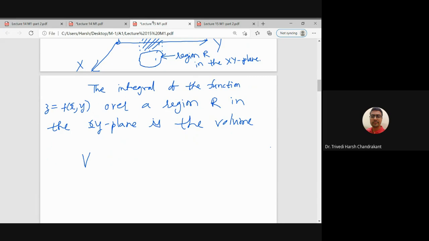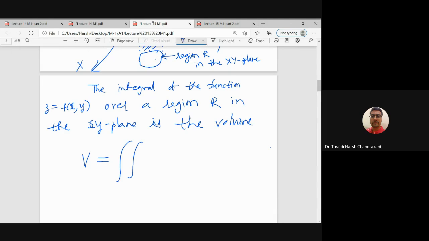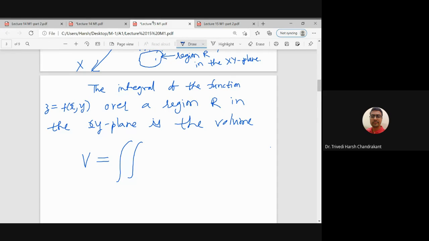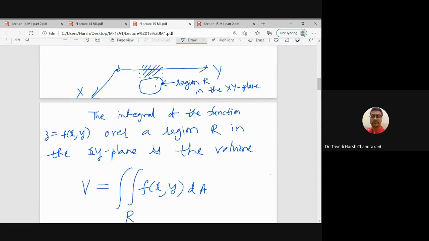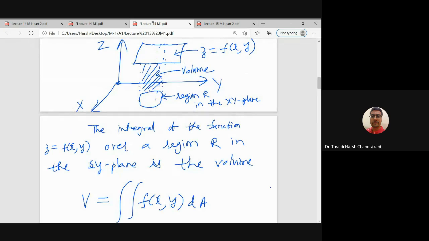Volume we usually represent by V, and that is nothing but, since we have two variables over which we are integrating, a double integral over the region, and we represent it by dA. So dA is basically the small area of a portion of the region.